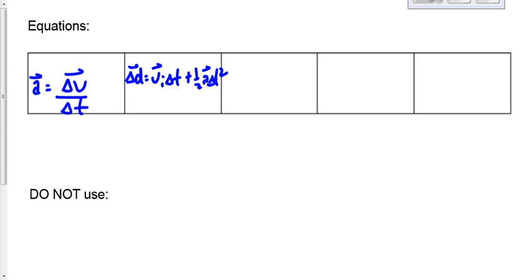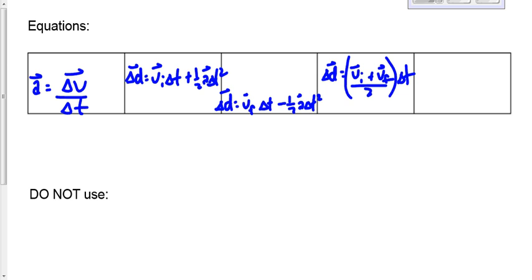How about this one? d is equal to vf t minus 1/2 a t squared. How about this one? d is equal to vi plus vf over 2 times t.